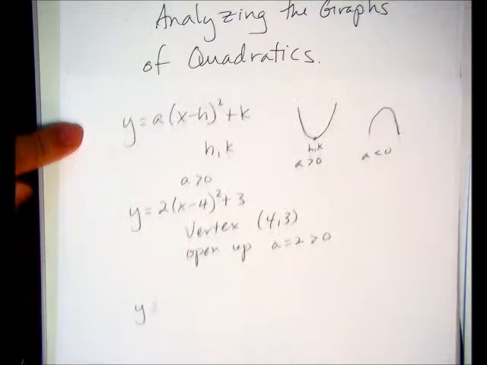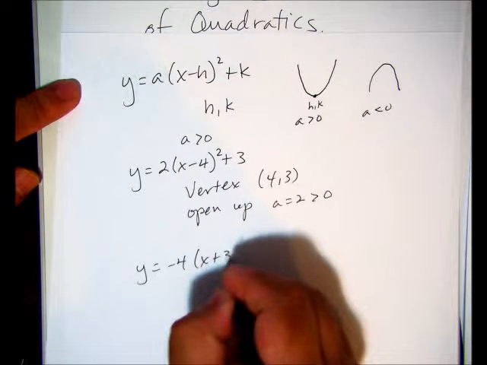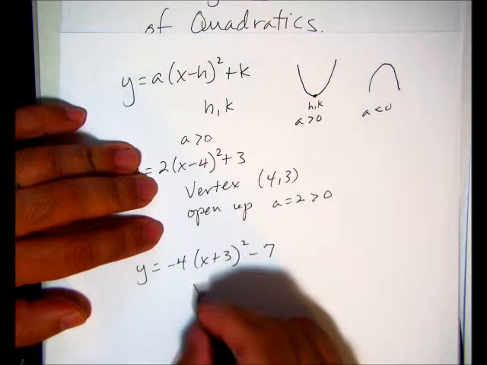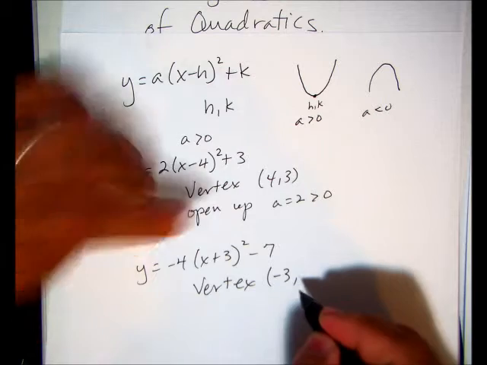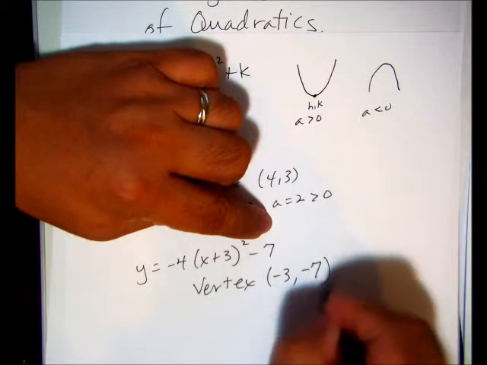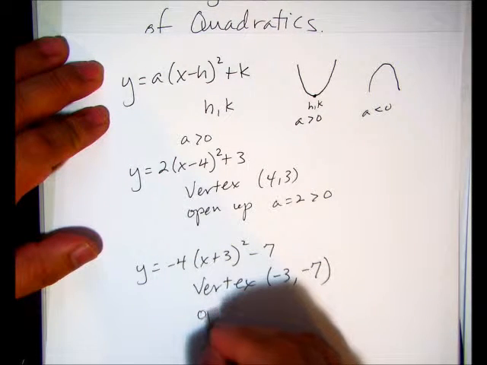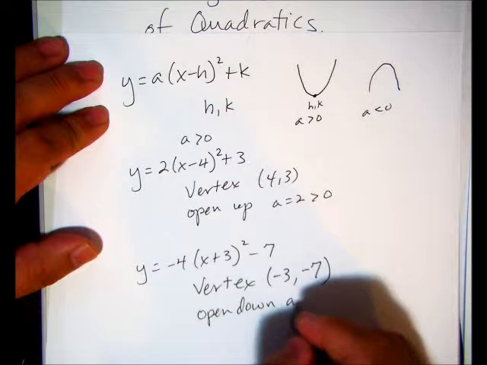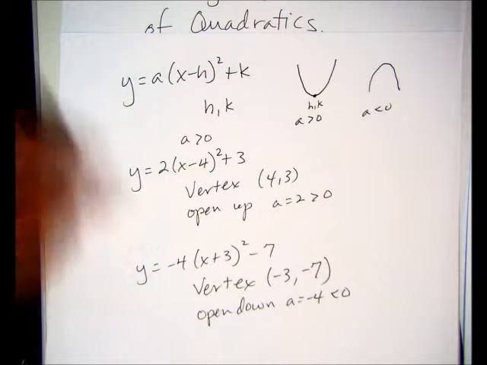If y equals negative 4(x plus 3) squared minus 7, then the vertex would be at negative 3. You want to take the opposite of that, but keep the same sign as this one. So it's (negative 3, negative 7), and it will open down because a is negative 4, and that's less than 0.